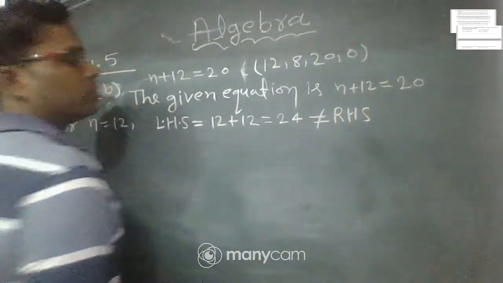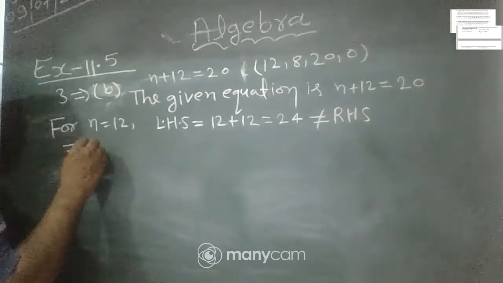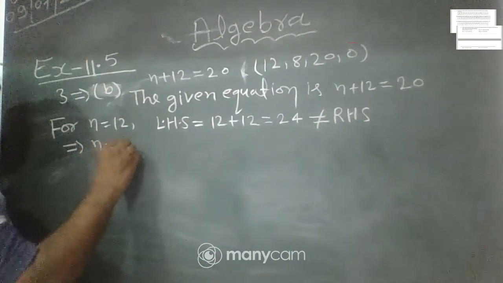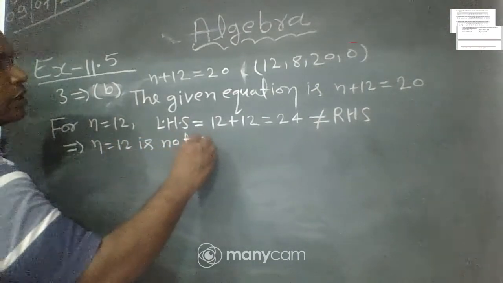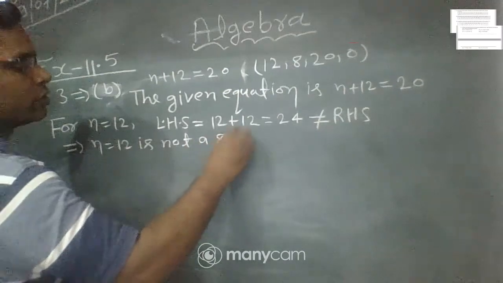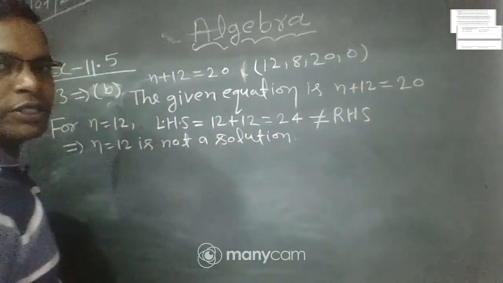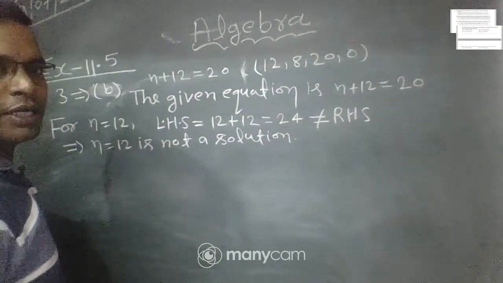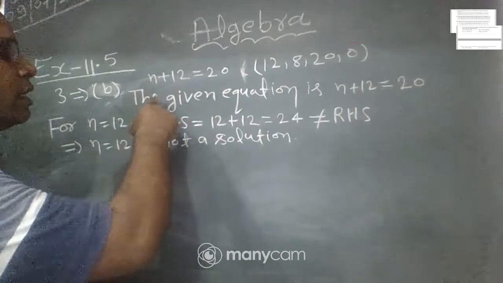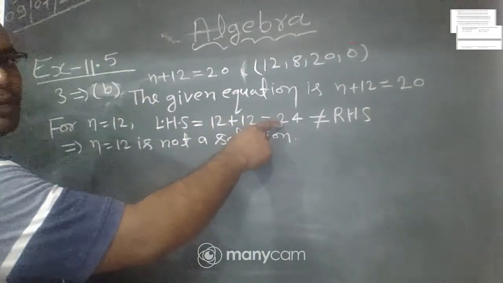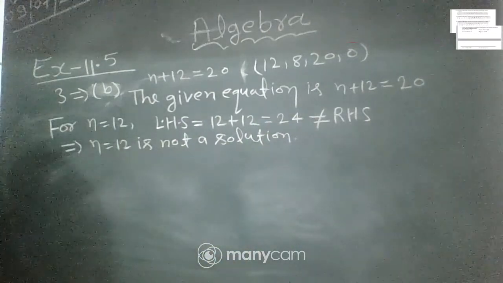This implies that n is equal to 12 is not a solution, because when we put the value of n as 12, we obtain 24, but our right hand side is 20.